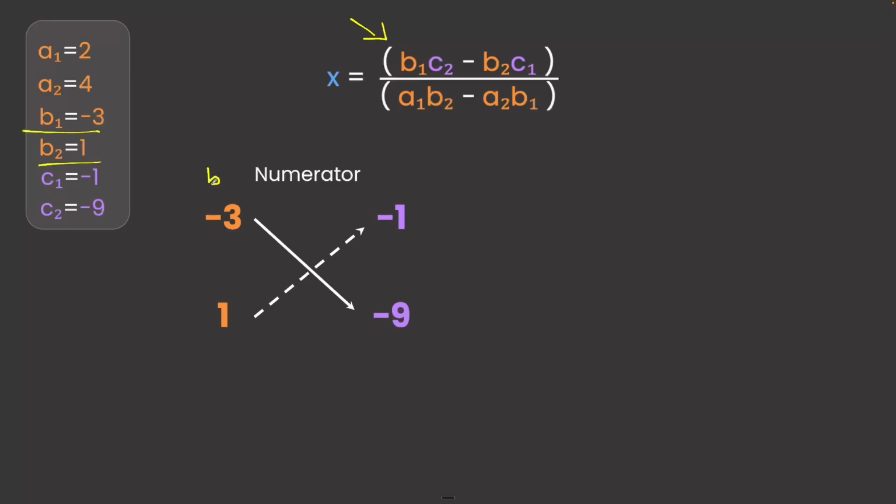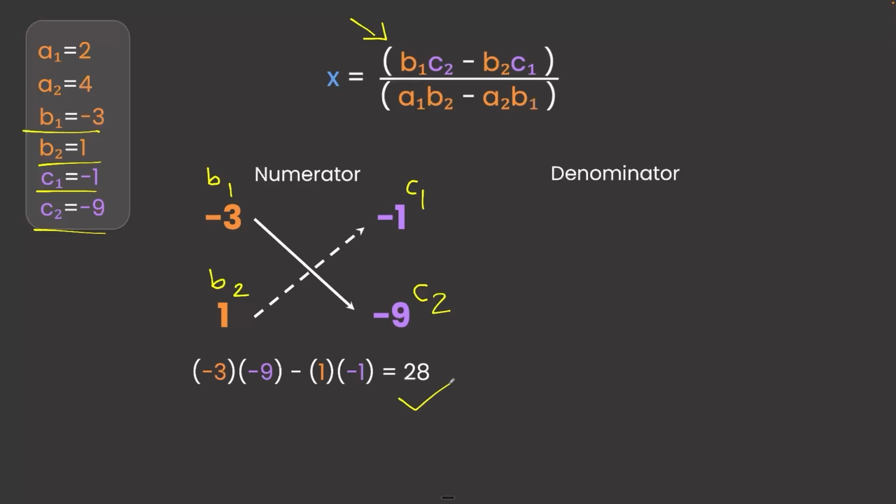For the numerator, you write b1 over here, you write b2 over here, and for the right column, you write c1 over here and c2 over here. So this is c1 and this is c2. And then you basically cross multiply: b1 with c2 and subtract b2 with c1. If you do that, you end up with minus 3 times minus 9 minus 1 times minus 1, which is plus 1. So 27 plus 1 is 28.